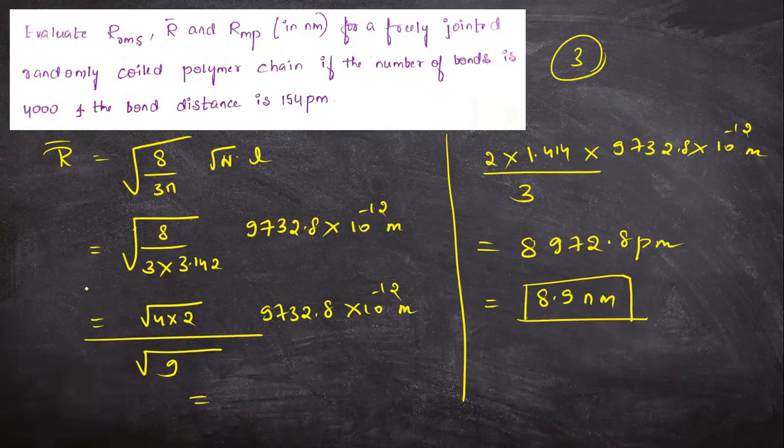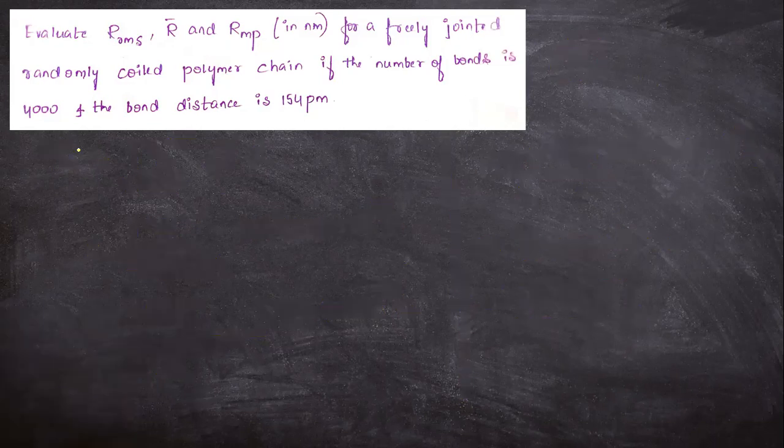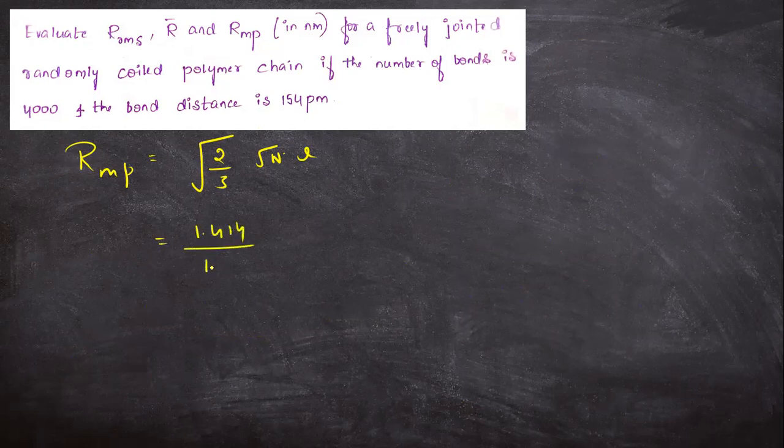So can you solve most probable distance now? Most probable distance will be root of 2 by 3, root n into L. The value of root 2 is 1.414, the value of root 3 is 1.732, and the value of root n into L we already know, it is 8972.8 picometer.